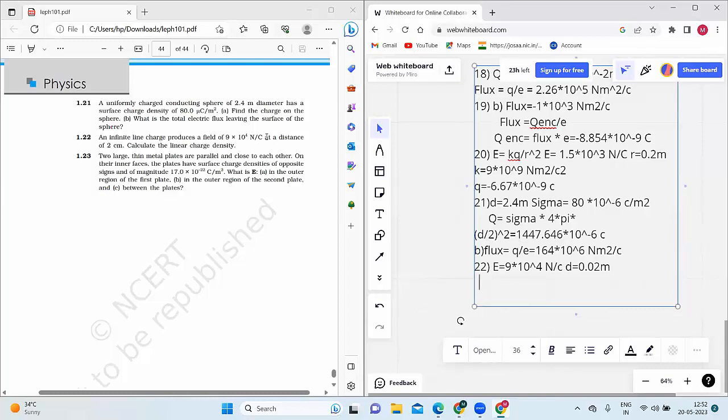As you know, the formula for electric field E equal to lambda by 2 pi epsilon naught into r, where lambda is the linear charge density and r is nothing but the distance.